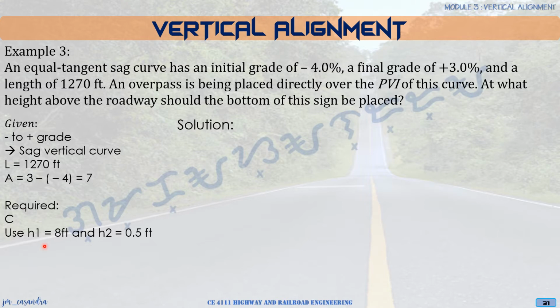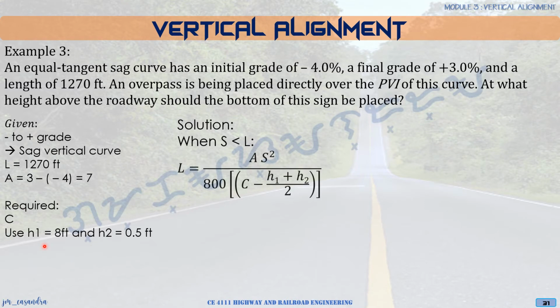So for our solution, since this involves clearances for underpass or undercrossings, then we will use the equations for crossings. So for the first case, that is when the sight distance S is less than L, we use this equation.